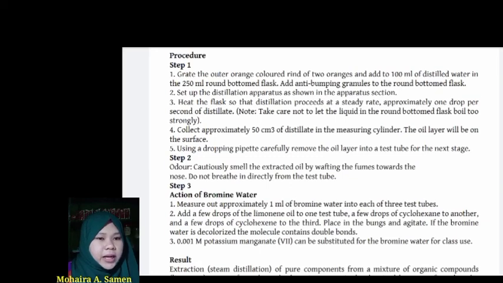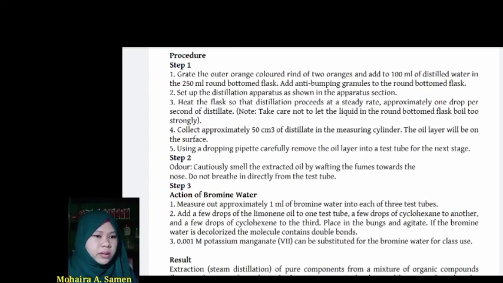Place in the bungs and agitate. If the bromine water is decolorized, the molecule contains double bonds. Then number 3, 0.001 M potassium manganate can be substituted for the bromine water for class use.